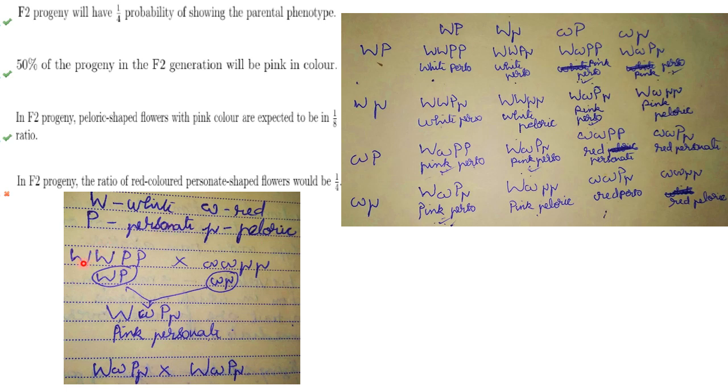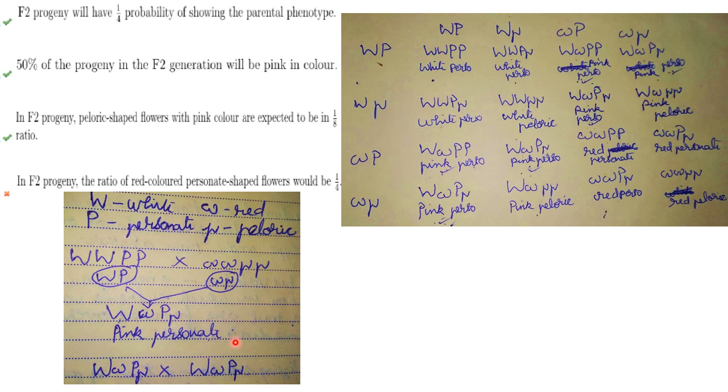Now when you cross homozygous varieties, that is WW capital P to small w, small p, these are the gametes that are produced. This is the F1 progeny. So capital W, small w, they already told in the question that the F1 progeny is pink and personate. So capital W, small w must be pink in color, and capital P represents personate character.